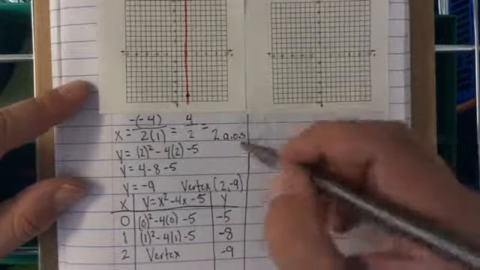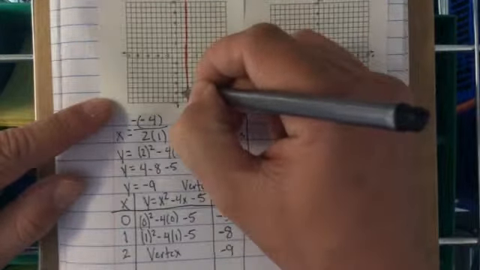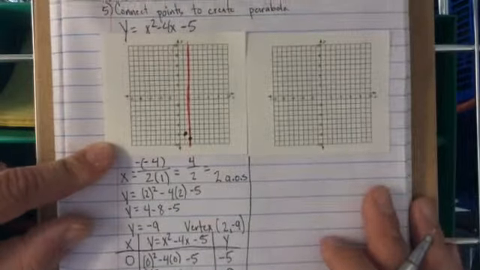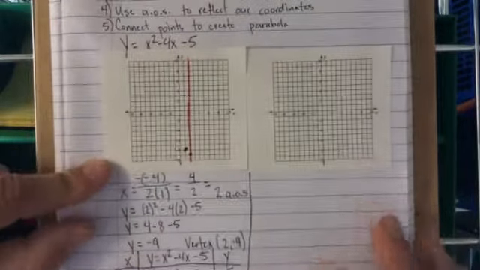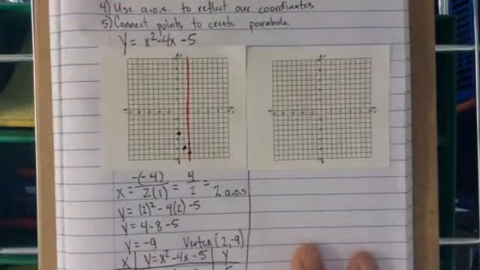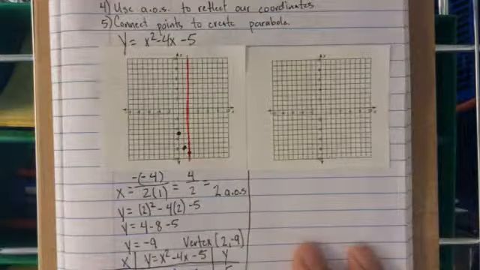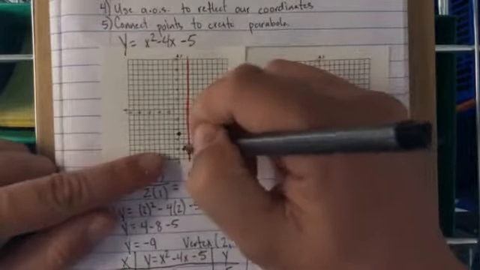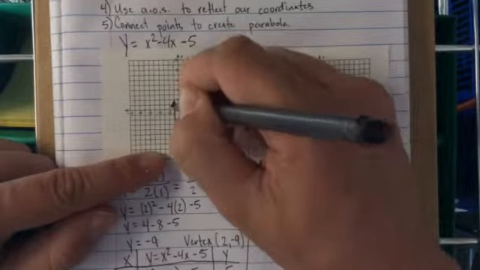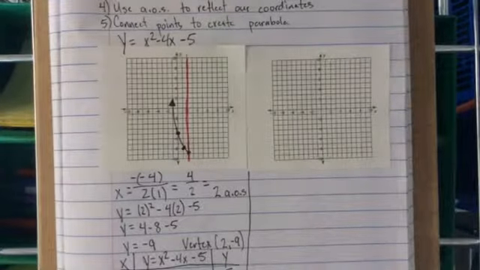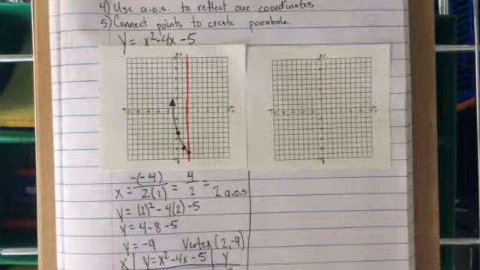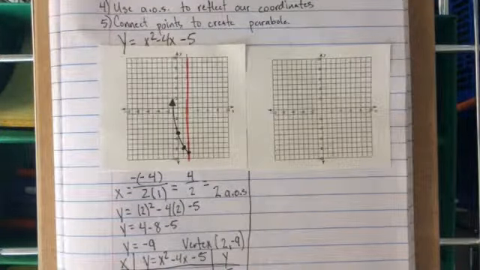Now we're going to go ahead and plot the point 1, negative 8, and the point 0, negative 5. And this is a curved line. Make sure there is an arrow at the end of it. So now we only have half a parabola with an axis of symmetry.